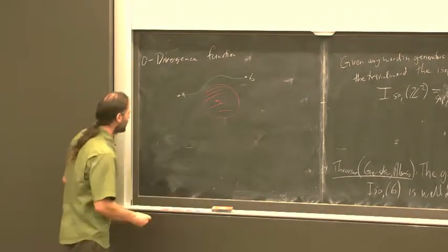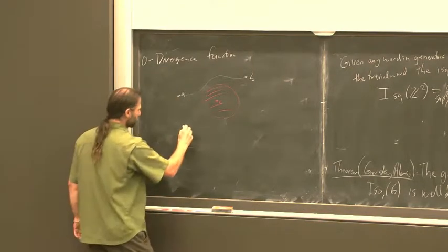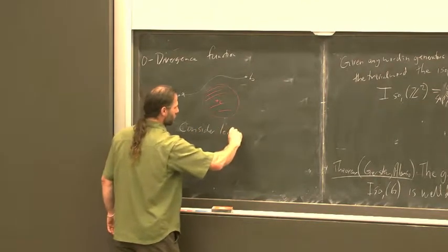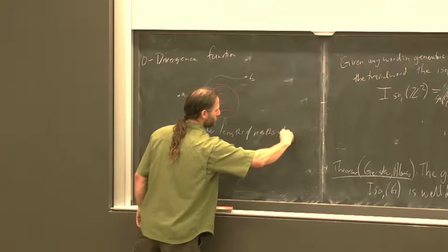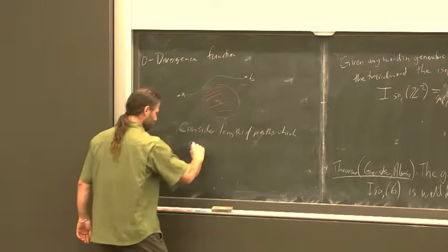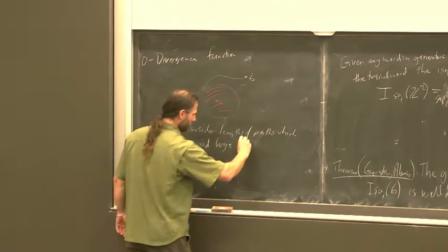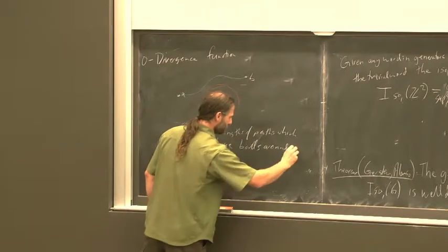So the divergence function is going to consider lengths of paths which avoid large balls around a third point. Minimum or maximum? Well, it's going to be both. Okay, around a third point.